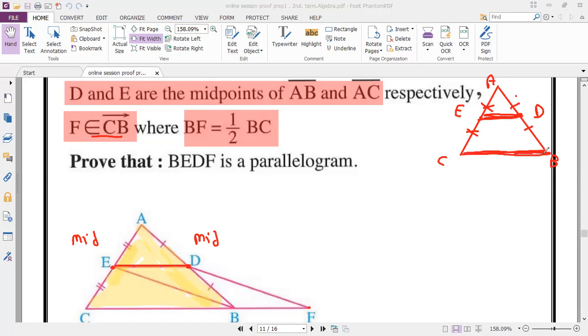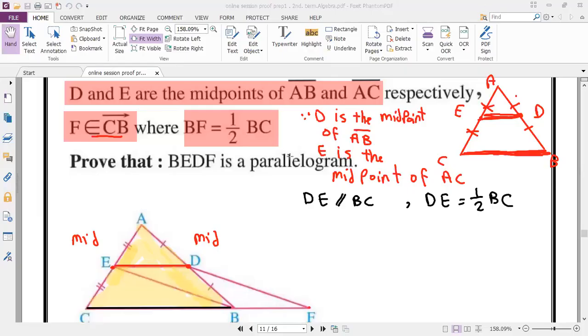Okay. So once again, D is a midpoint of AB, and E is a midpoint of AC, so DE is parallel to BC, and DE equals half BC. This is number one.